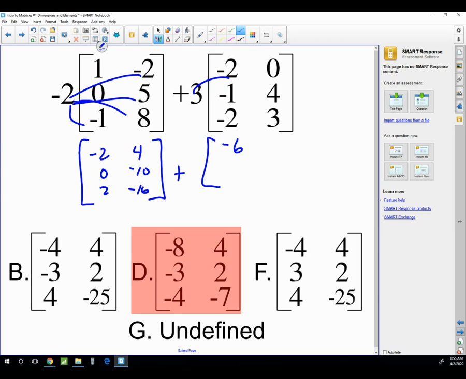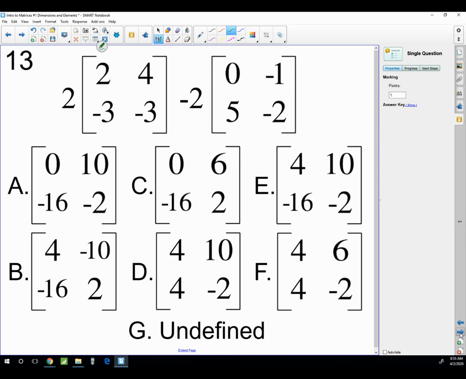So that's -6, 0, -3, 12, -6, 9. All right, let's check an element. Let's check this element. -10 plus 12 is 2. That's right. Okay, and the other ones should be right. You can check those. All right, I believe this is the last problem, so you may want to pause the video and guess that one or get it right.